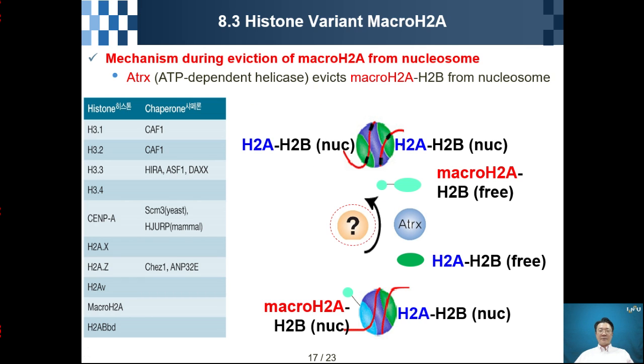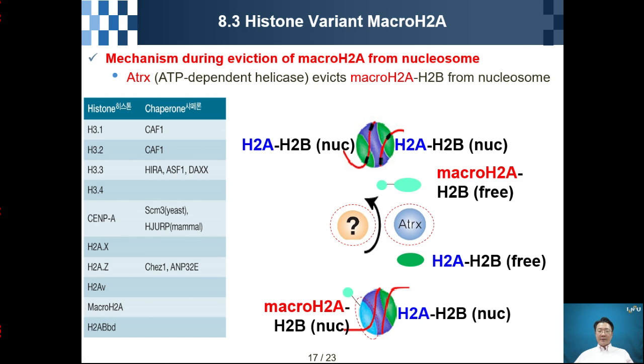Okay, so usually during the eviction of macro H2A from nucleosome, there is one chaperone we don't know yet, but maybe another protein, we call it ATRX. So ATRX is an ATP dependent helicase. Because this is a helicase, it loosens the DNA structure. Okay, so ATRX evicts macro H2A and H2B. So this is the macro H2A, H2B.